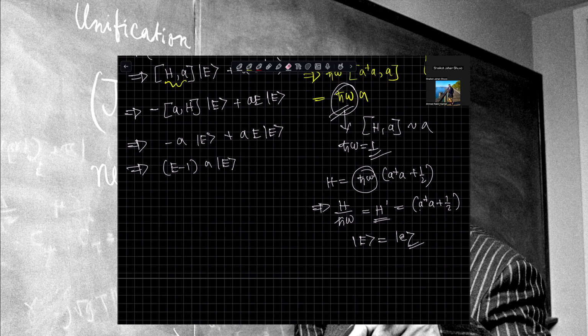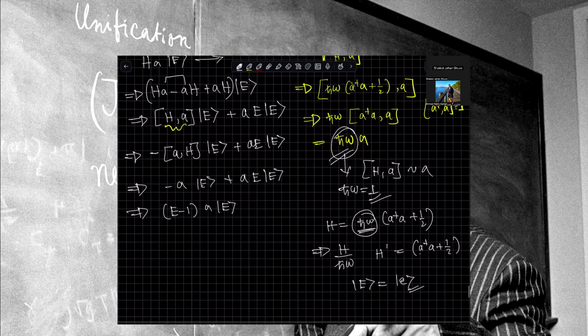Or you can convince yourself, okay, instead of working in the dimensionful form, let's work in the dimensionless form. Dimensionless form makes your life a little bit easier, because keeping track of these factors is really painful, at least for me. All right, so what do we get? What's the conclusion?